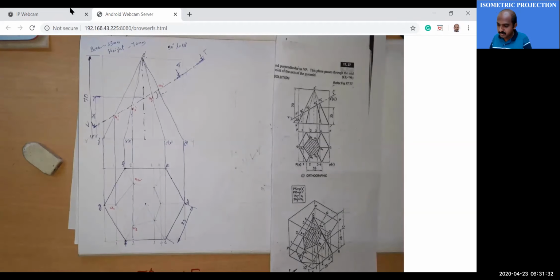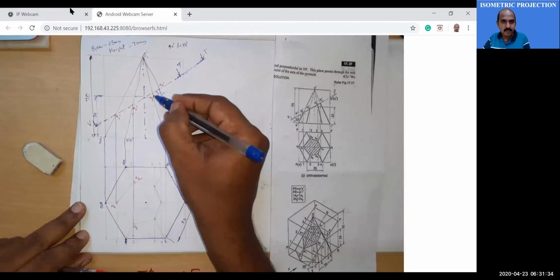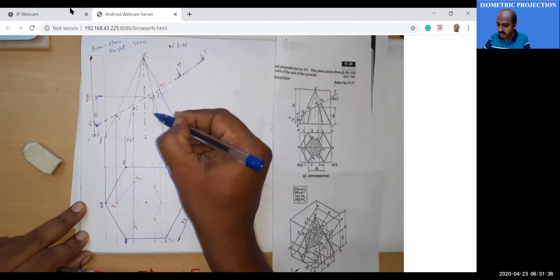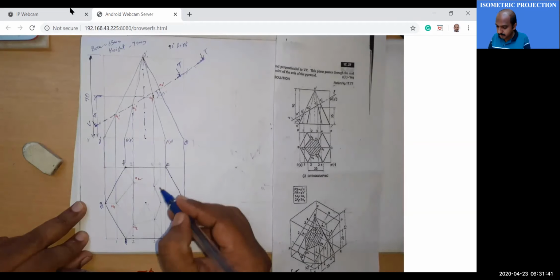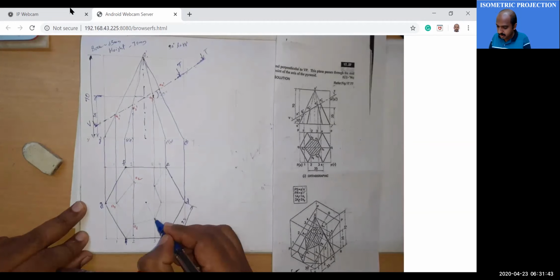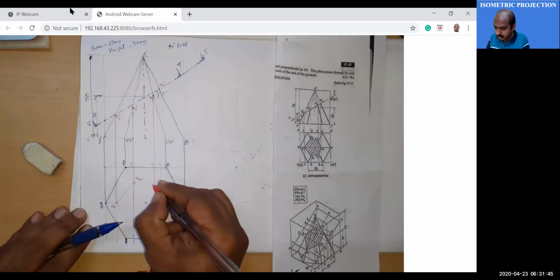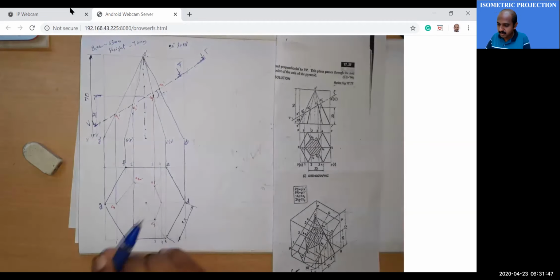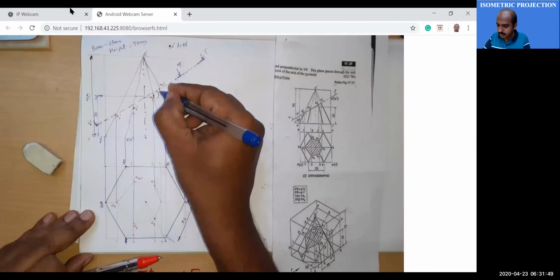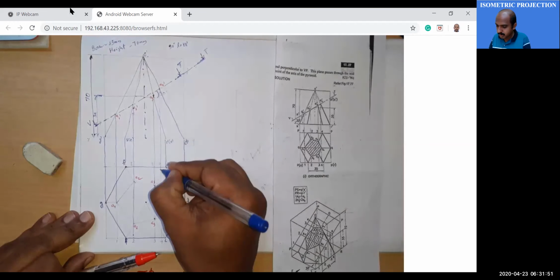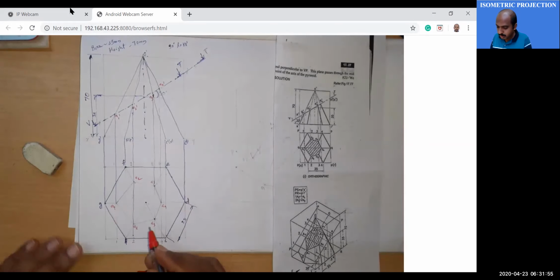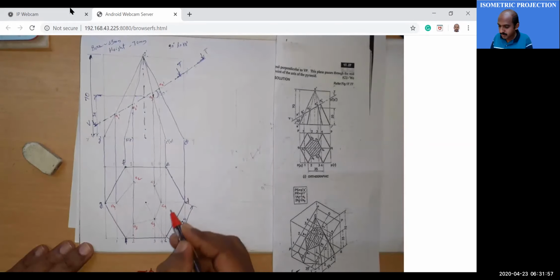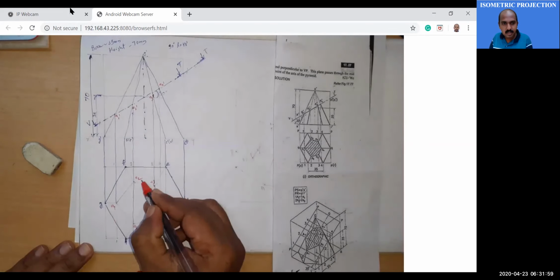Now which is the next point? From A3 dash you drop a perpendicular, so we get it here A3, here A3. Similarly from A4 dash, you drop a perpendicular, so you get it here A4. So A1, A2, A3, A4, A3 again, and A2 again.